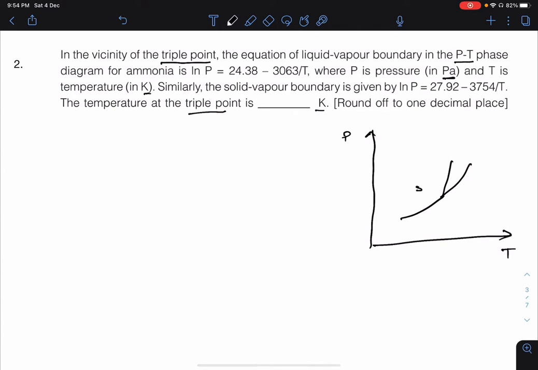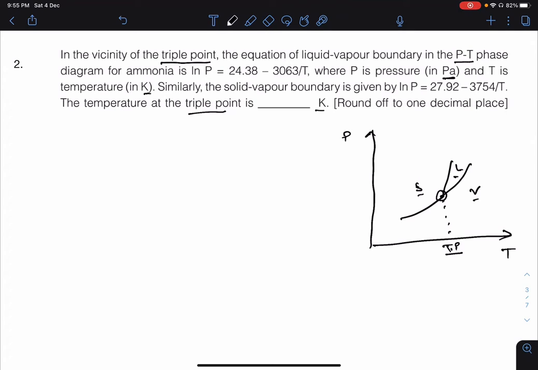This is our solid phase, this is our liquid phase, and this is our vapor phase. This point is called the triple point. What is the triple point property? That the solid, liquid and vapor phases all meet at this point. So at the temperature of the triple point, the pressure will be the same.